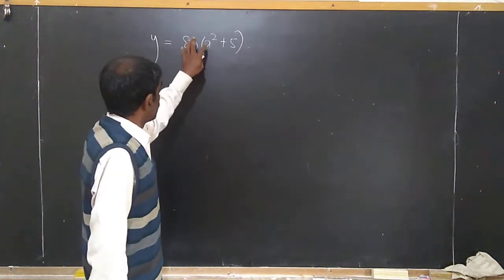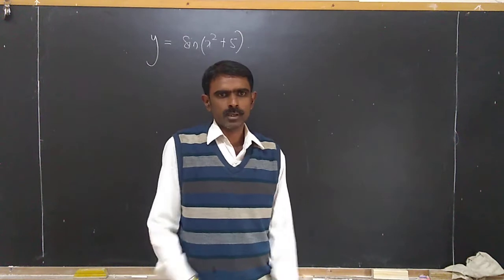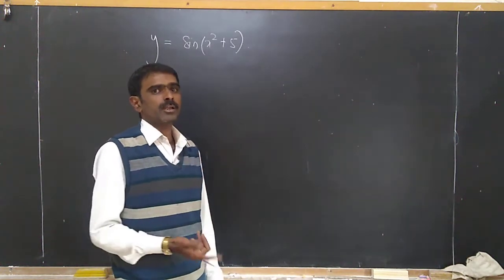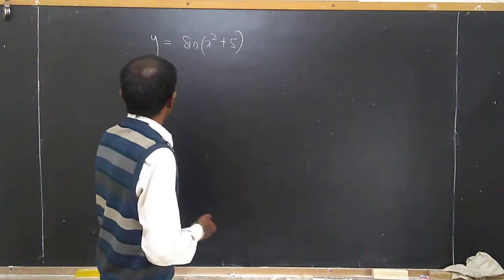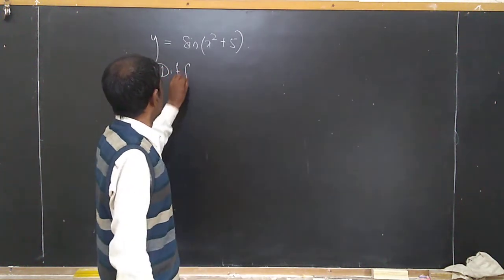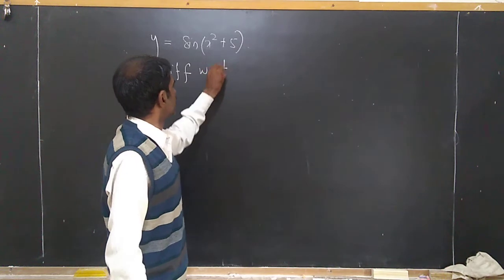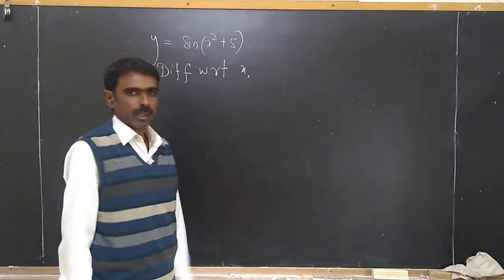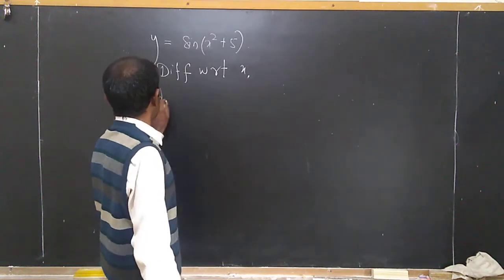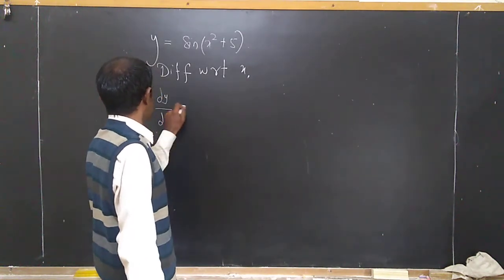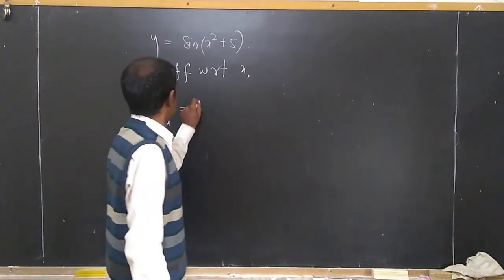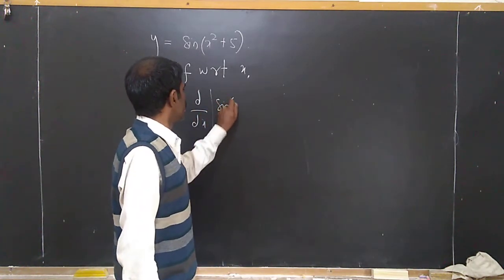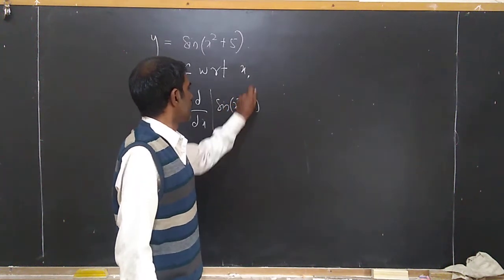Now the derivative of this composite function, as I told you in the last lecture, is found by chain rule differentiation. So, differentiating with respect to x, what do we get? dy by dx will be equal to d by dx of sine of x square plus 5.